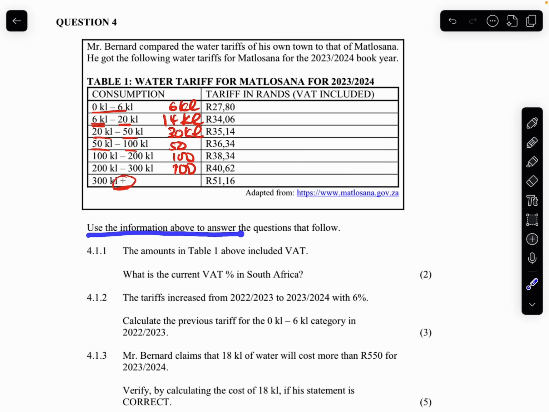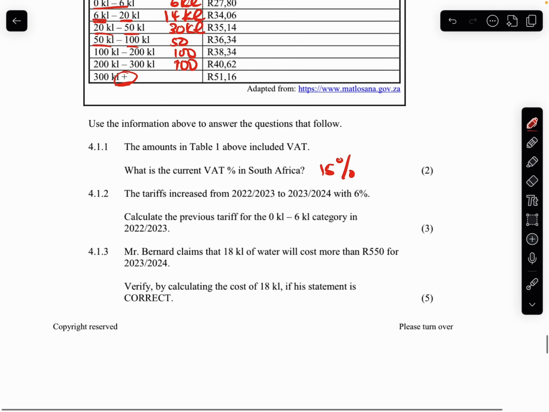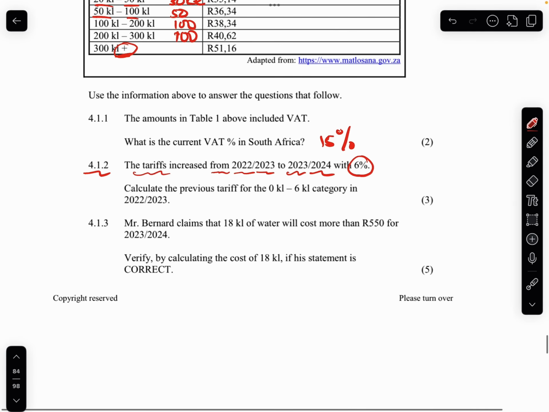It says use the information above to answer the following questions. 4.1.1, the amount in the table above includes VAT. What is the current VAT in South Africa, which means here in 2025? It's 15%, guys. The tariff increased from 2022/2023 to 2023/2024 by 6%.